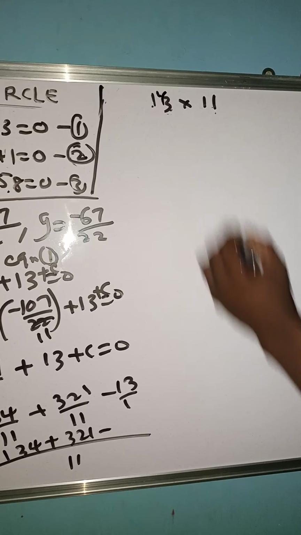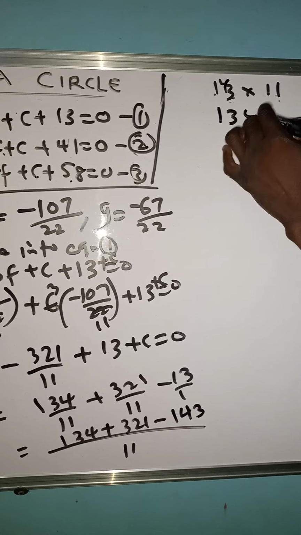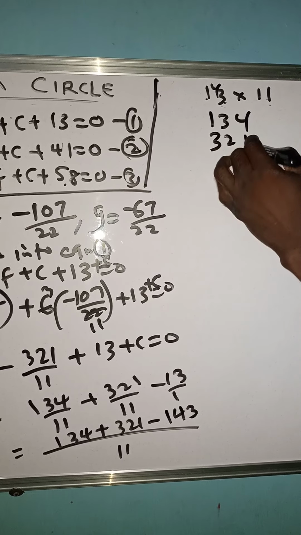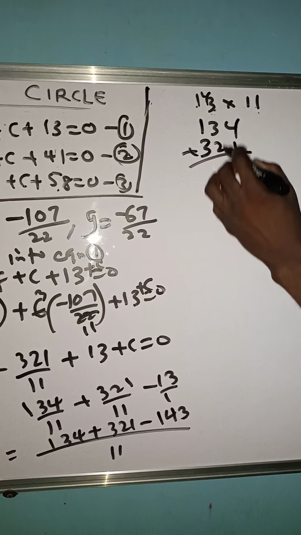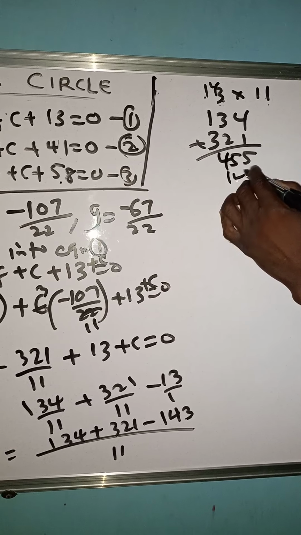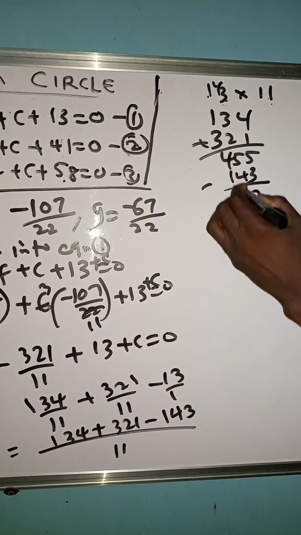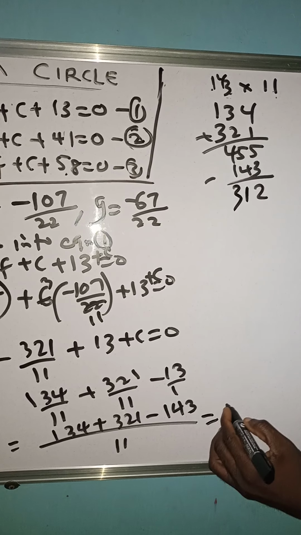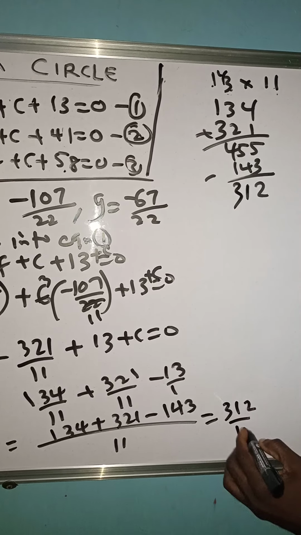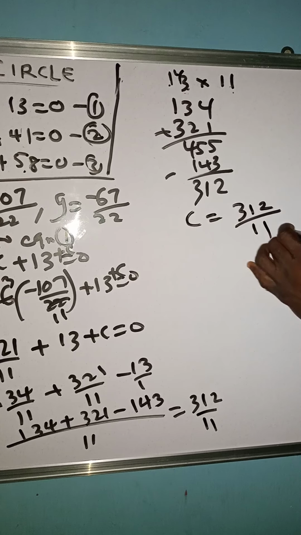So that is 143. So 134 plus 321: 4 plus 1 is 5, 3 plus 2 is 5, 1 plus 3 is 4. Then subtract 143. 5 minus 3 is 2, 5 minus 4 is 1, 4 minus 1 is 3. So we have 312 over 11. So c is 312 over 11.